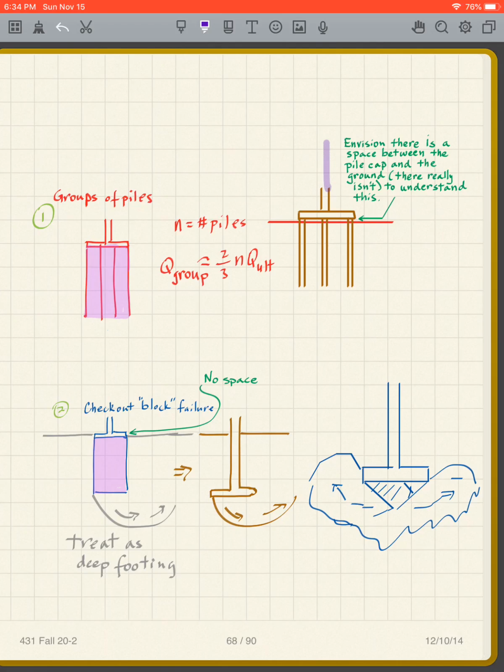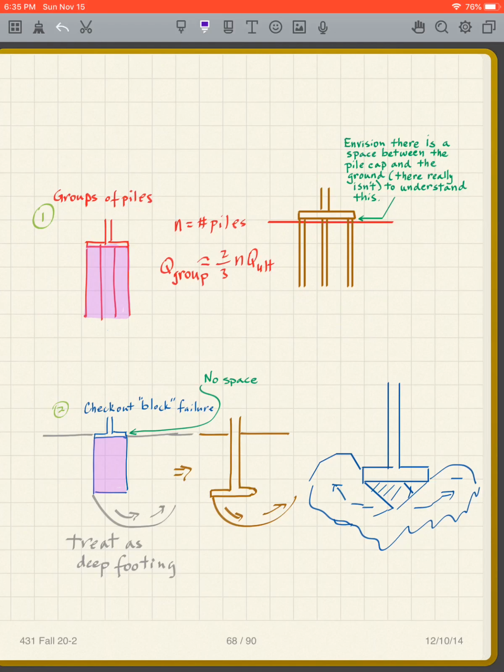Now, if I'm loading this, you can clearly see that this pile cap has no influence on the capacity down here. It's only the piles. If you envision this, then you can see that only the piles hold this thing up, not the base of the pile cap. So the base of the pile cap has nothing to do with it.